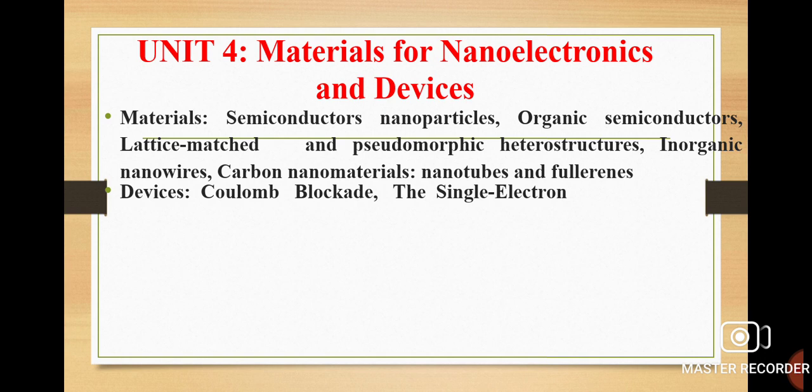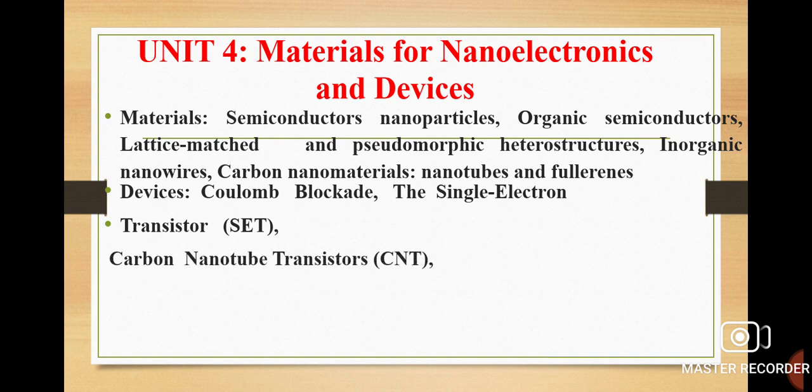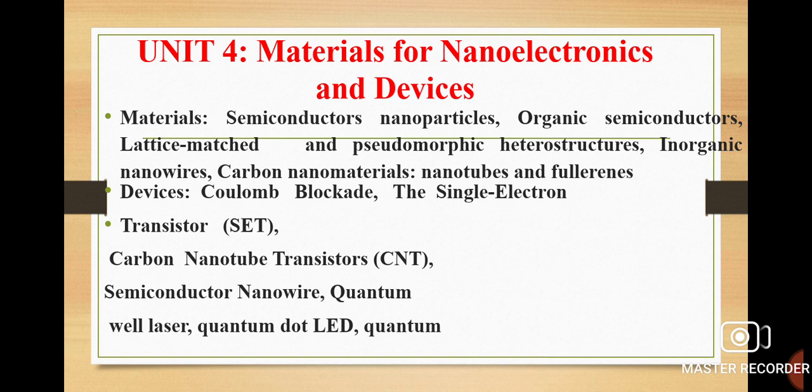Similar to the materials, some devices are there that we are going to study in the same chapter. Which devices we are going to study, I am going to elaborate over here. The devices are Coulomb blockade, the single electron transistor SET, then carbon nanotube transistor, semiconductor nanowires, quantum dots, quantum well lasers, quantum dot LED, quantum dot laser, MOSFETs.